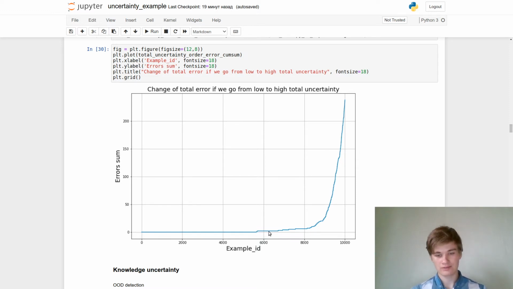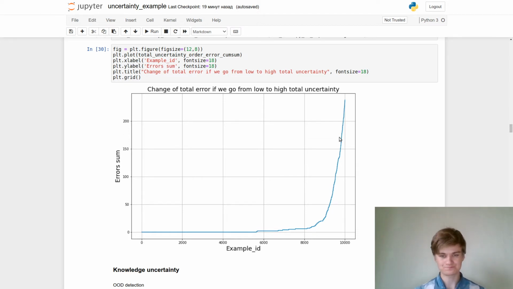And as our uncertainty grows, then faster and faster our error rate grows.